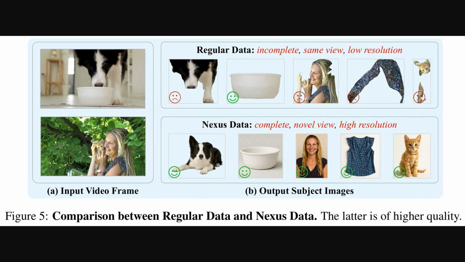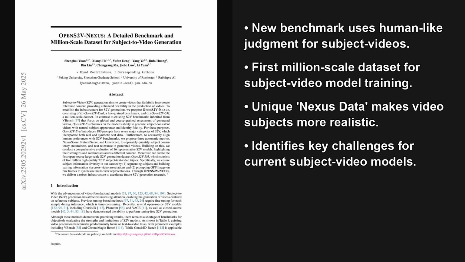In contrast, the bottom row shows Nexus Data. Here the subject images are much more complete, often from novel viewpoints, and visibly higher resolution. This really drives home how Nexus Data aims to provide richer, more varied subject information for training. That visual difference really highlights the power of Nexus Data.